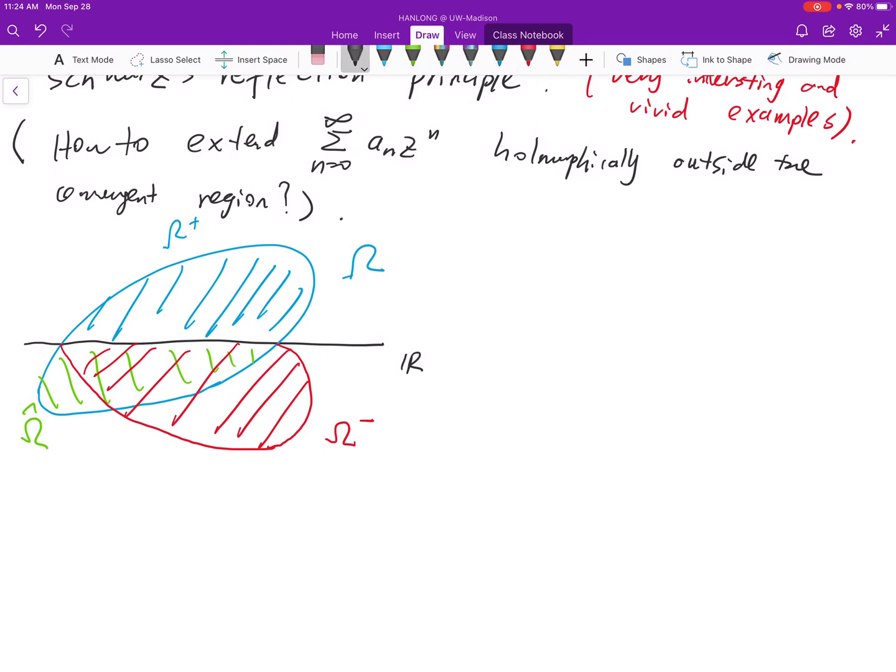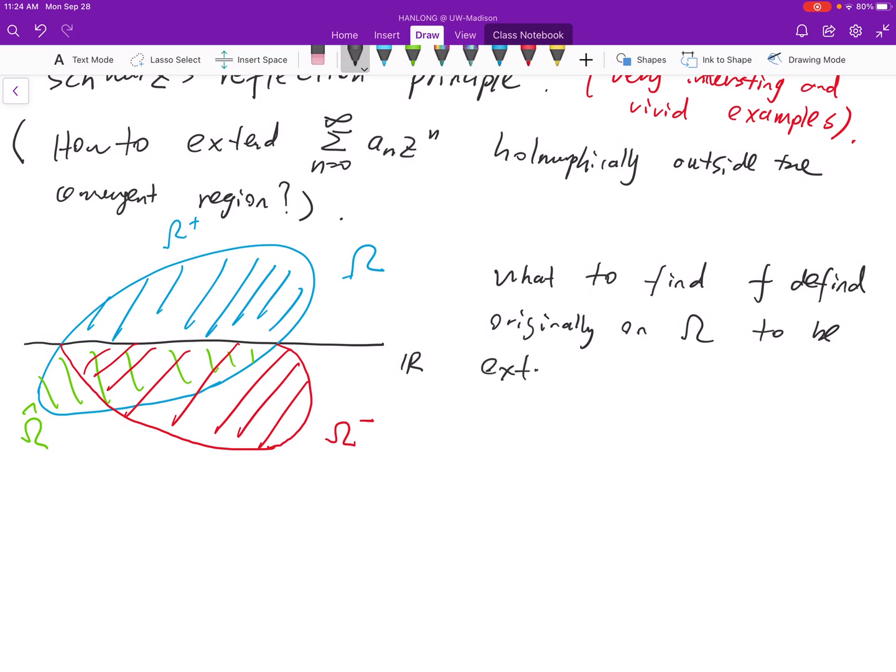So we want to find a holomorphic function defined originally on omega to be extended to omega union omega minus.